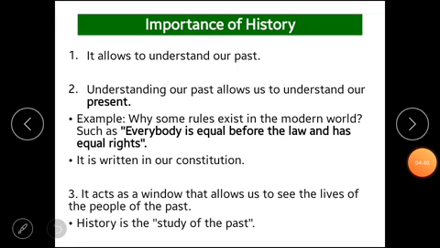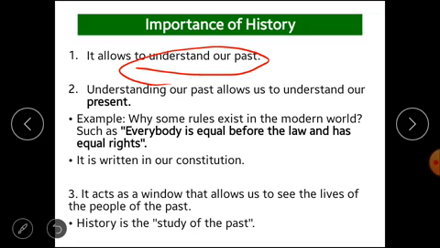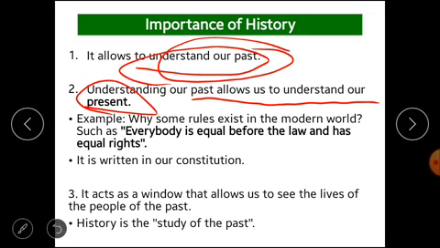Now there are certain points as to why history is important for us. It allows us to understand our past. This is a basic point, that it enables us to understand our past, which in turn allows us to understand our present, the way things are today.